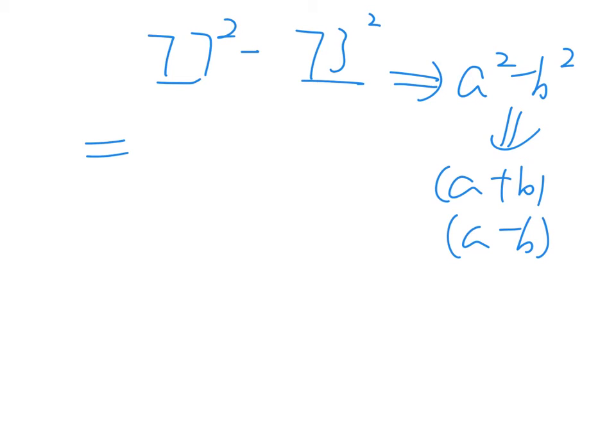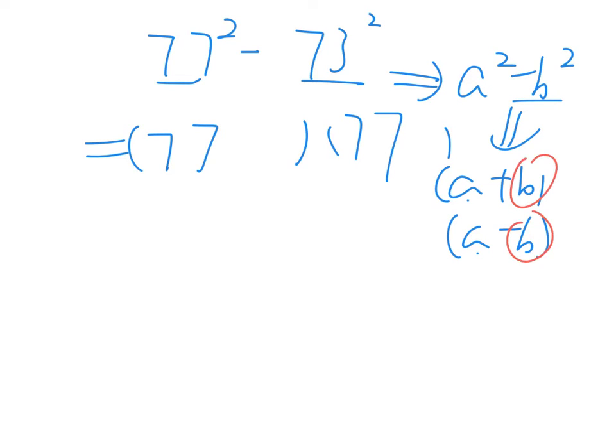And that means a is replaced by 77, so this a is also replaced by 77. And minus b squared becomes this, so that means plus 73 and minus 73.